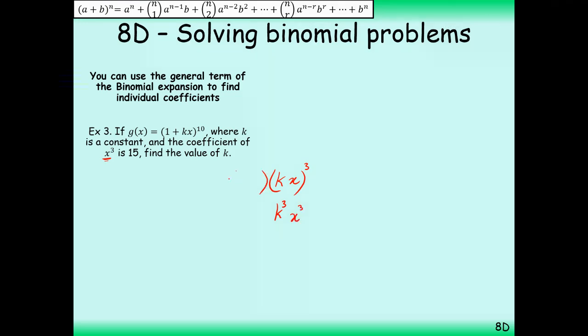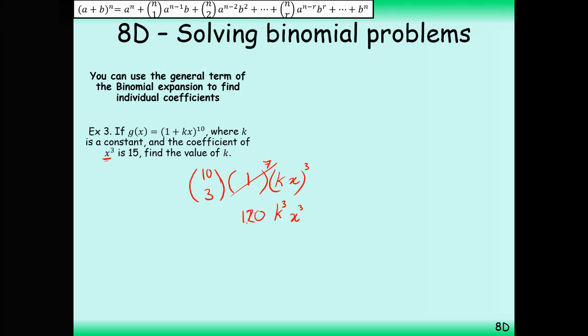So what would be the coefficient of 1? Actually, 1 doesn't matter, but the binomial coefficient itself, 10 choose 3, does matter, okay? So I know 1 to the power 7 is still 1, but 10 choose 3 is 120.